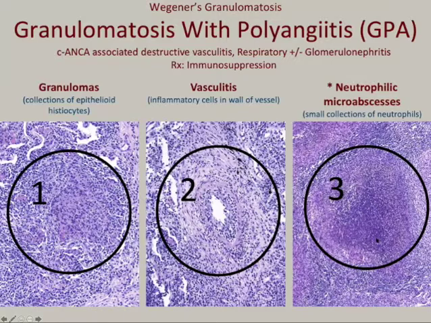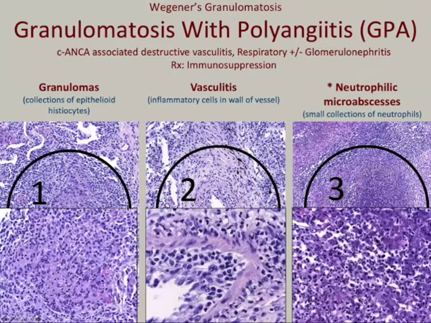On biopsy or curettage of the nose, you are most likely to see the neutrophilic microabscesses rather than the other items, which can be very hard to see. So putting all the pieces together, this is the perfect triad for GPA, but you may not see it all. Have a high threshold for suggesting the serum ANCA if you see anything that could be GPA in the nose.